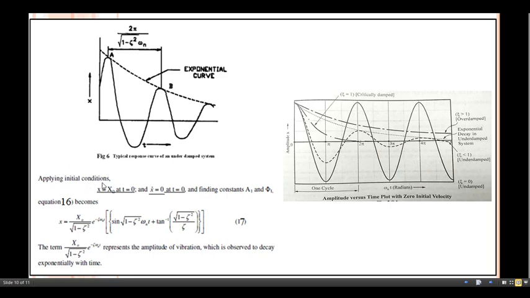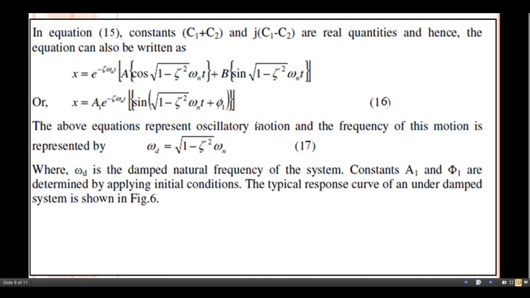Applying the initial conditions, x equals x naught at time t equals 0, and velocity, that is x dot, equals 0 at time t equals 0, and finding the constants a1 and phi 1, we get the values for a1 and phi 1 and you can get the complete solution.